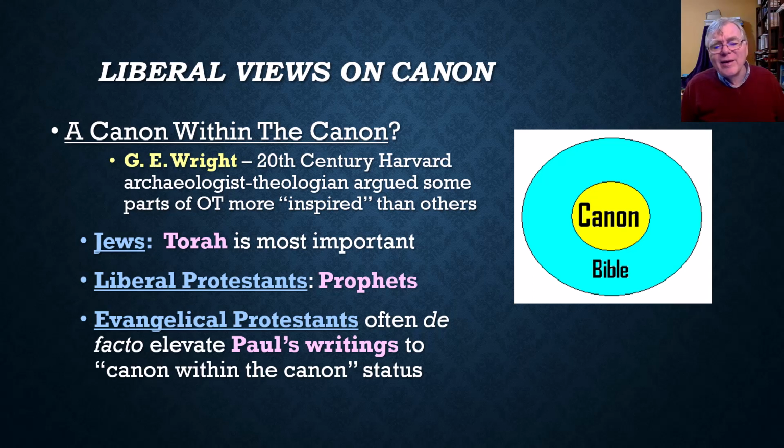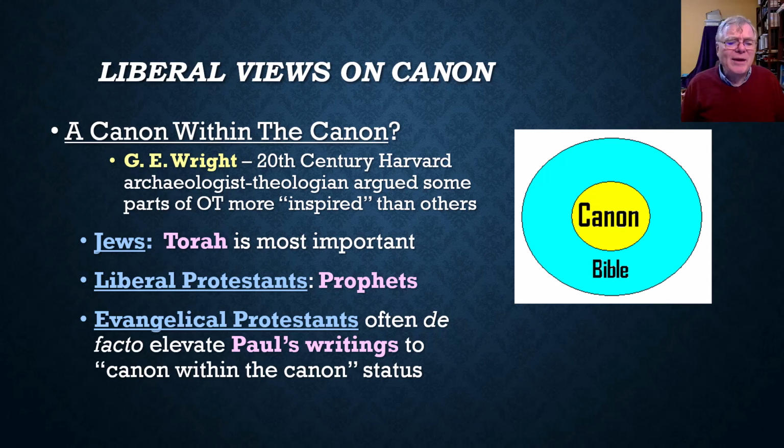And so even though they accept as canonical the prophets and the writings, nonetheless, the Torah is the essential Bible for traditional Judaism. On the other hand, liberal Protestants always considered the prophets with their social justice message to be more important than other parts of the Bible.